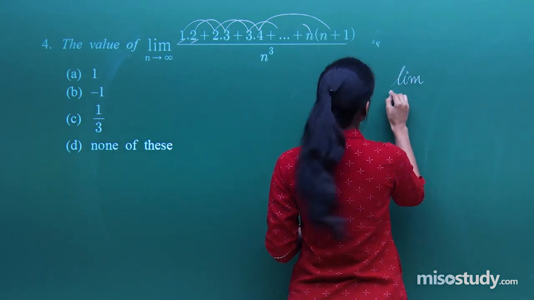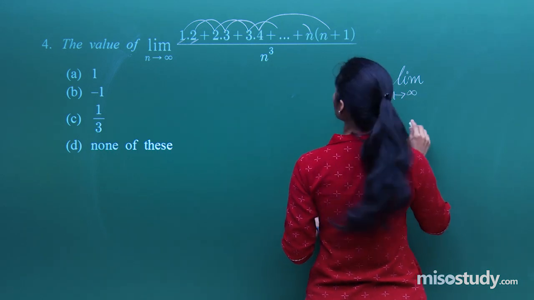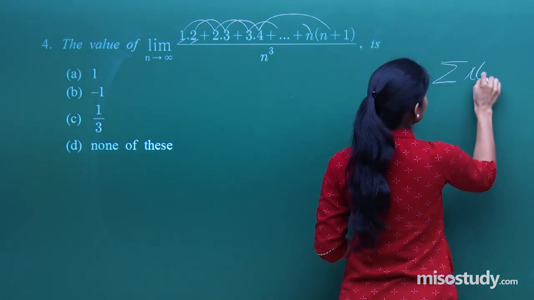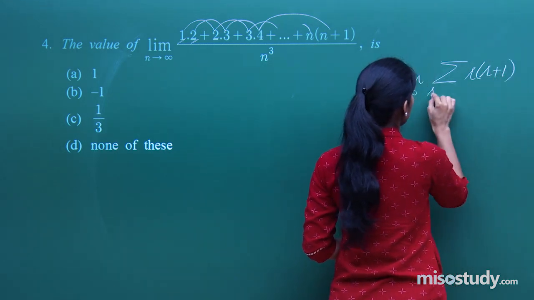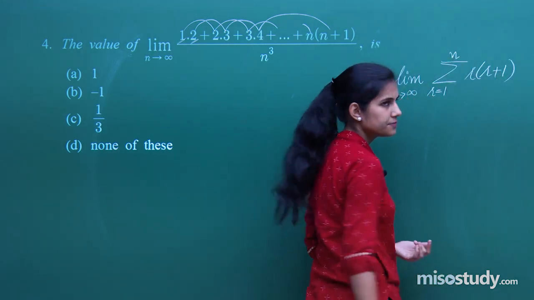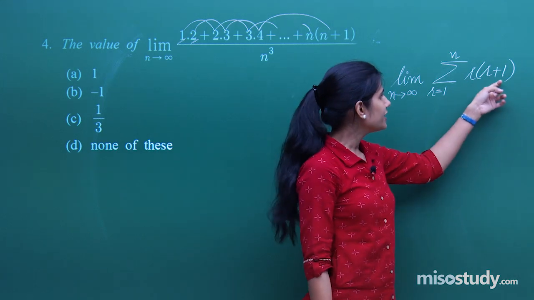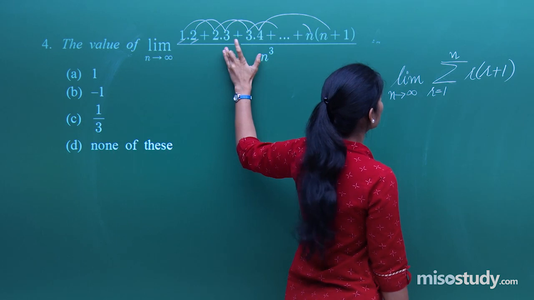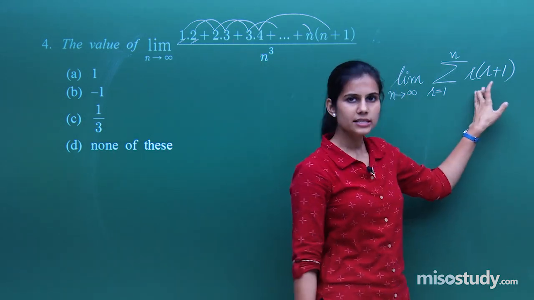Limit n tends to infinity, or let me write summation r into r plus 1, r going from 1 to n. For r equals 1, this is 1 into 2, plus for r equals 2, it is 2 into 3 and so on. For r equals n, it is n into n plus 1.